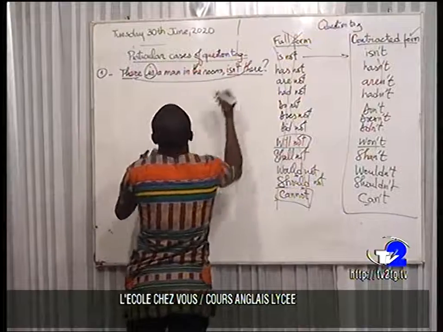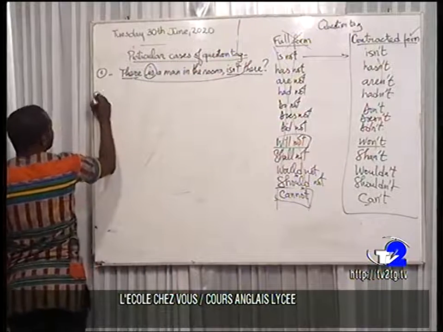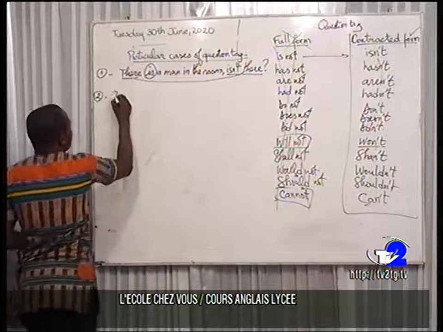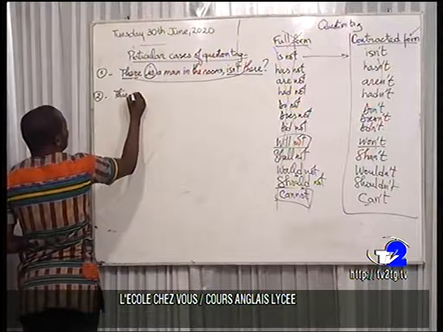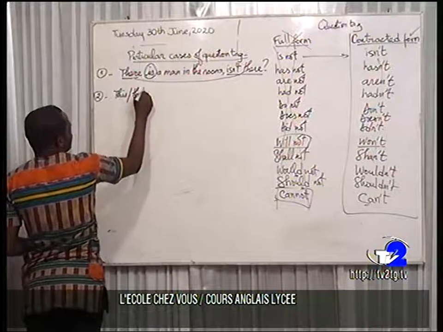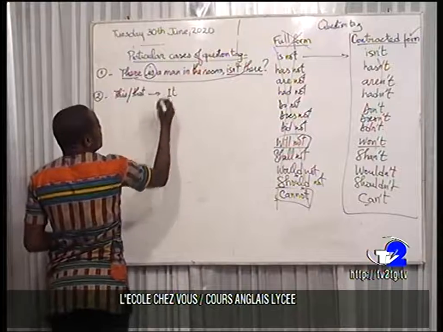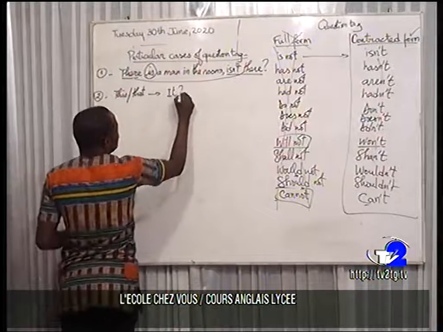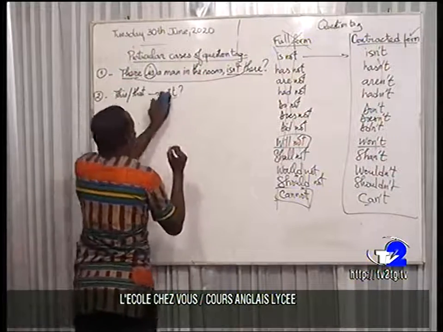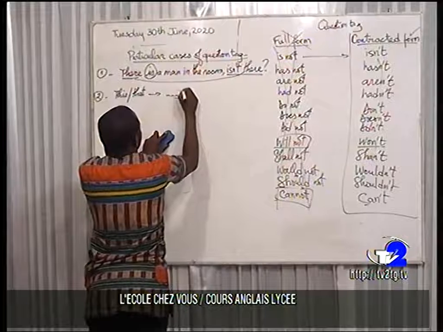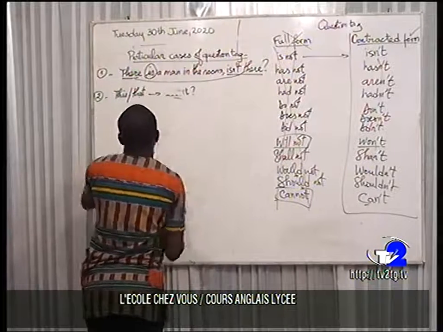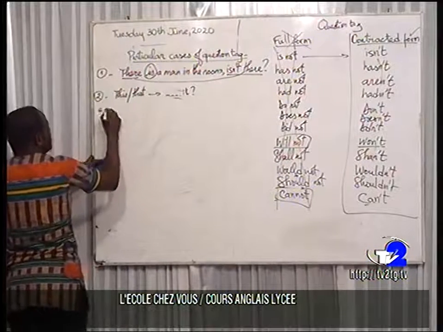Now number two, when we have this or that in the sentence, we replace it by it in the tag. Let me give you an example.